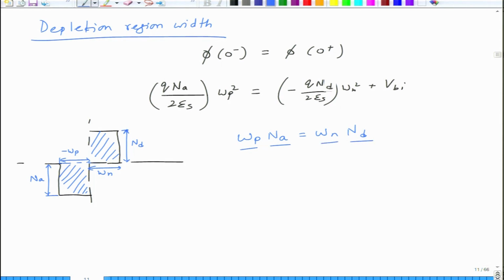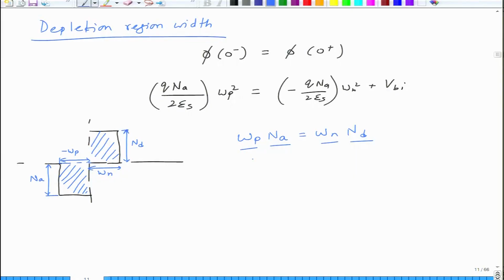However, the positive charge density on one side of depletion region is matched by the negative charge density on the other side of the region. Otherwise you will not have electroneutral or junction will not be at the equilibrium. So, from this I can write down Wp is equal to Wn Nd divided by Na.